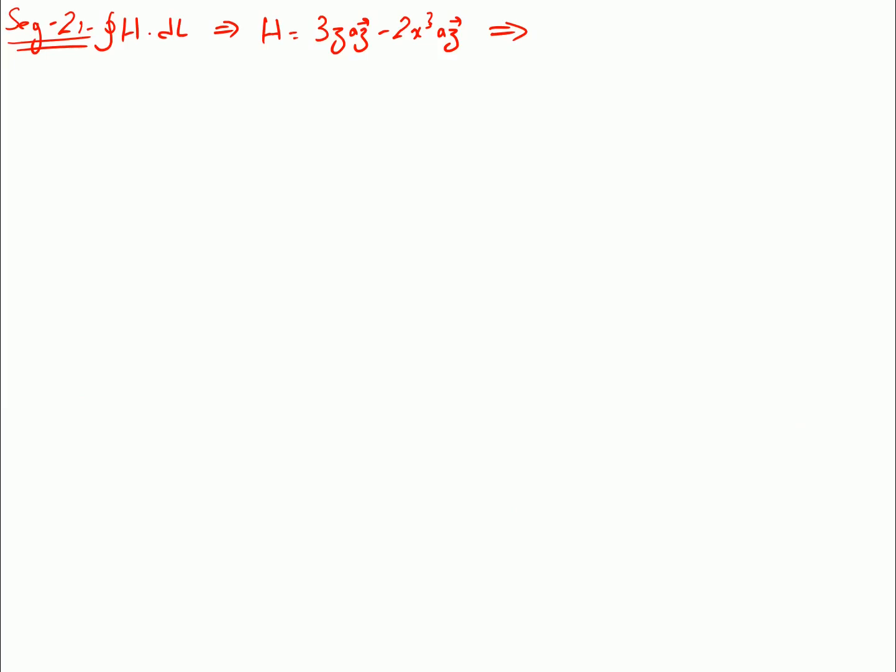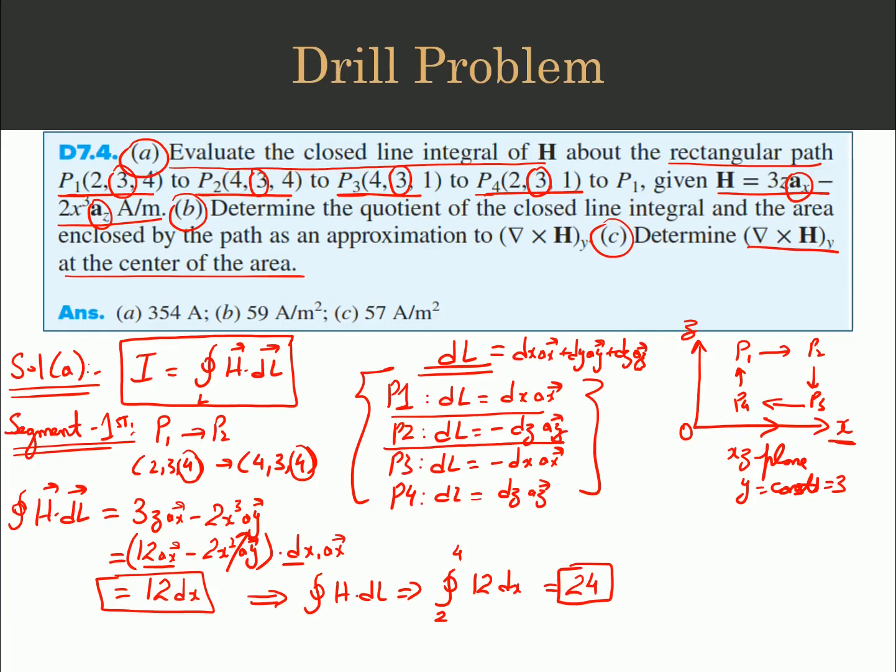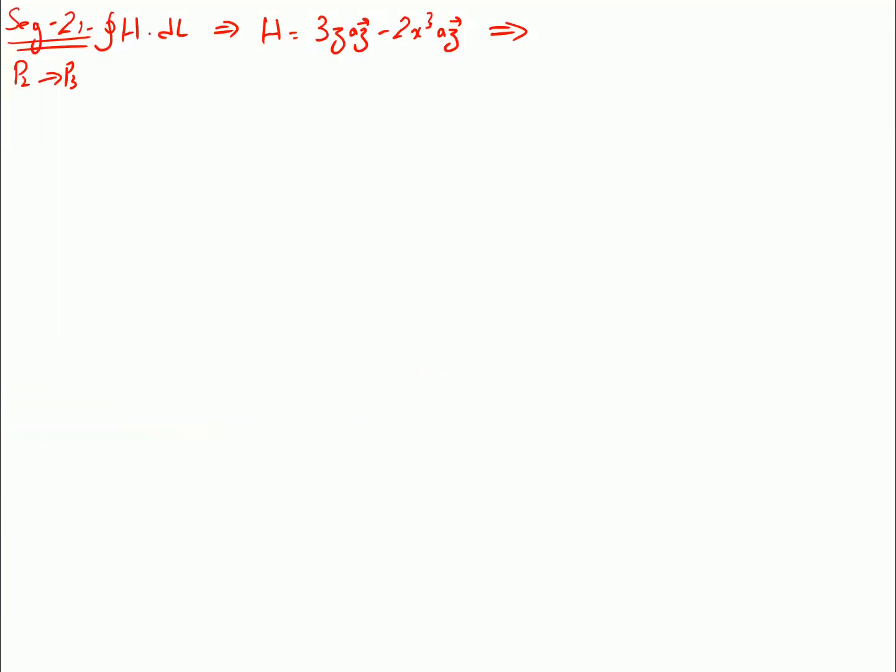This is the path from P2 to P3, where the values go from 4,3,4 to 4,3,1. Again we can see that the value of x remains the same, so I can incorporate x over here.